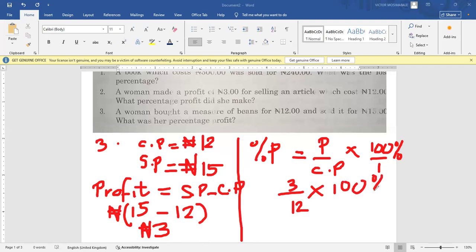Okay, so if I simplify, 3 into 3, I have 1, 3 into 12, I have 4, 4 into 100, I have 25 straight up. So I have 25% profit. All right, so as usual, you can pause this video, note it down. And of course, I will be erasing this to move to the next question.